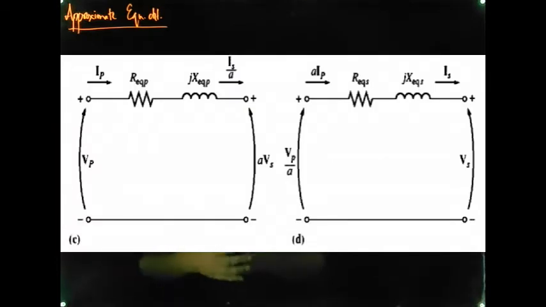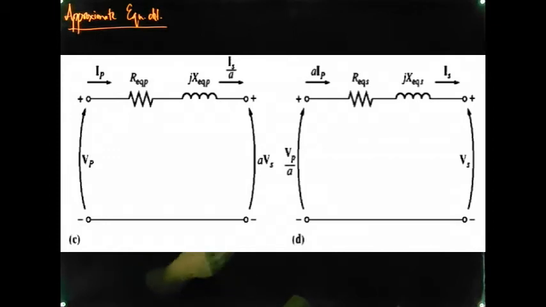neglecting the excitation branch altogether is like this. So in this case, you can see that there is no RC and no XM. So the excitation branch may be neglected without causing any serious issue in some cases.